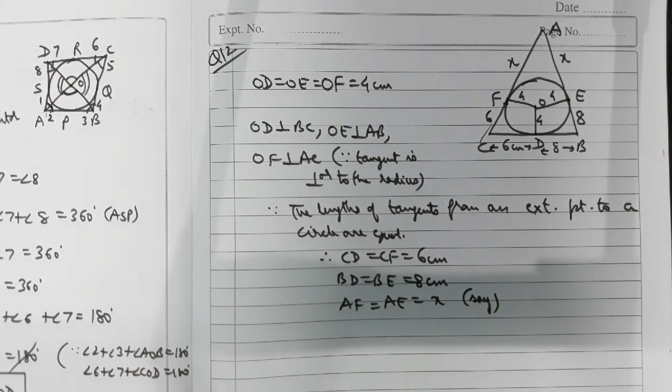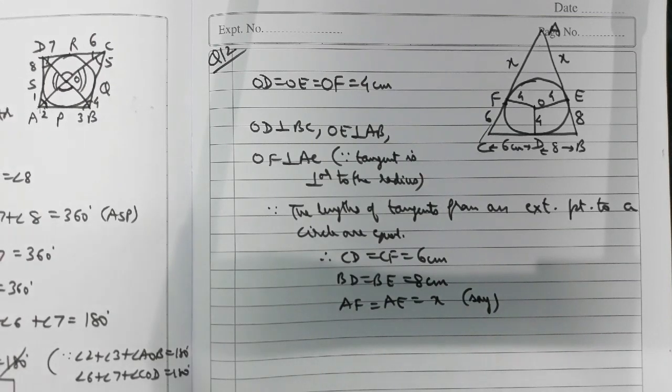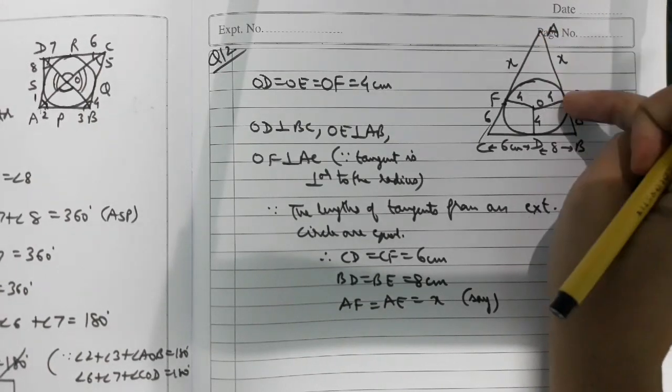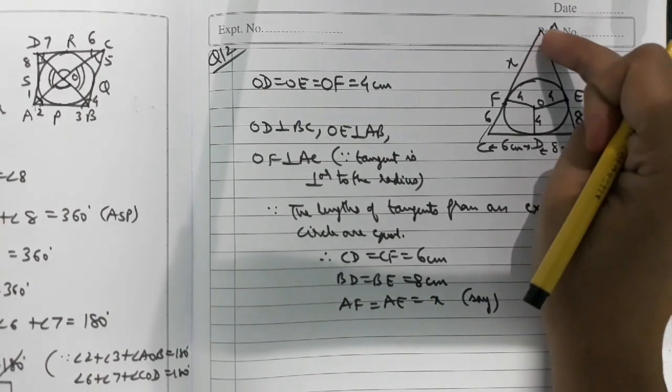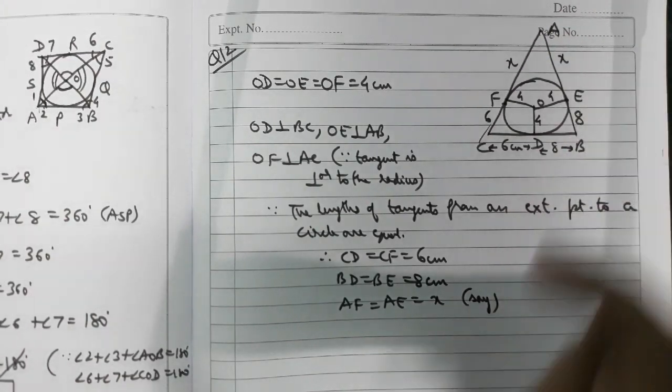Now we have to find the sides AB and AC. So basically we have to find out the value of X. Then X plus 6 would be AC and X plus 8 would be AB.